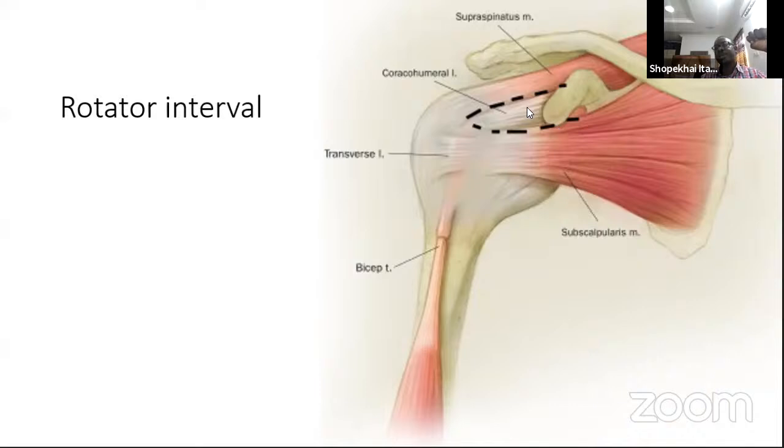This is where the anterior portal in shoulder arthroscopy comes in, the instrument portal that you work with. Sometimes we also want to close this rotator interval when we're trying to address recurrent shoulder instability.